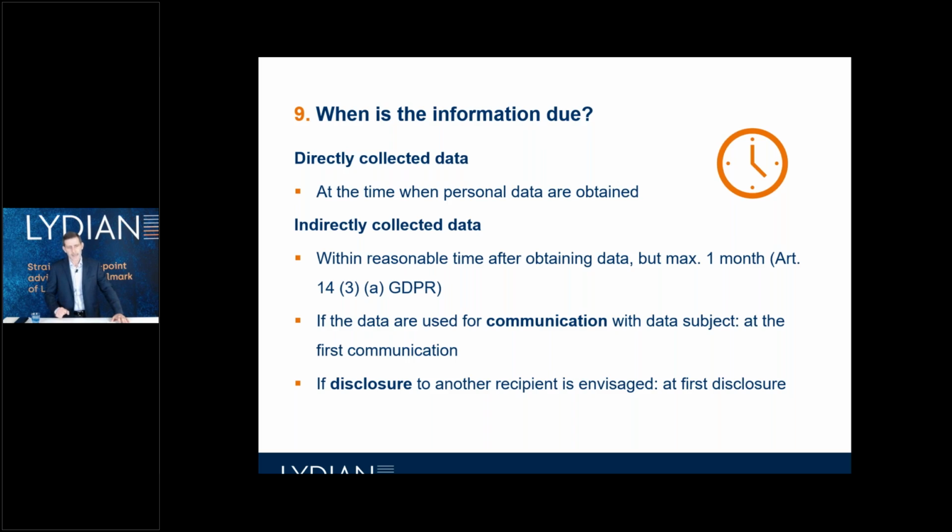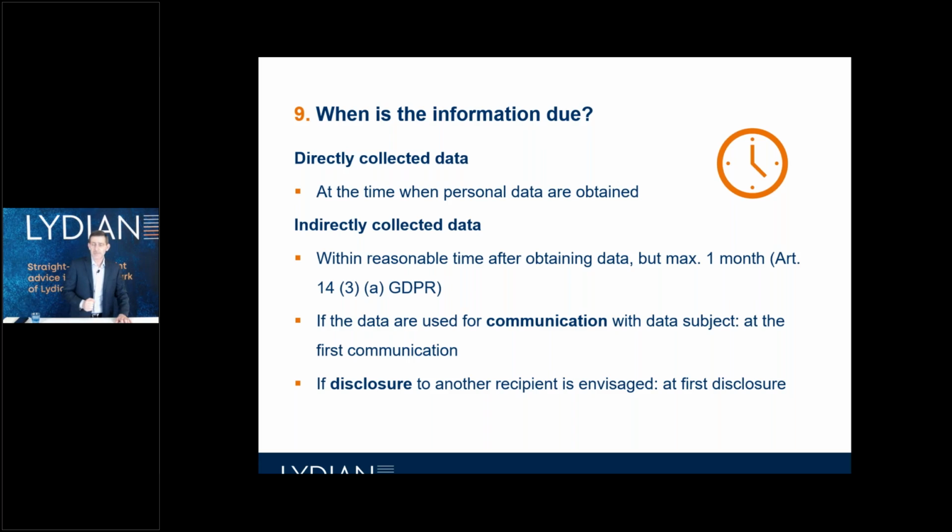First of all, if the data is used for communication with the data subject, so you have received, for example, a list of email addresses from a third party, and you are going to use it to communicate with the data subject, in that case, you have to provide the information at the time of the first communication.